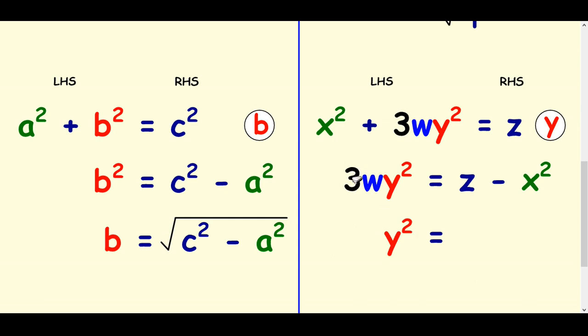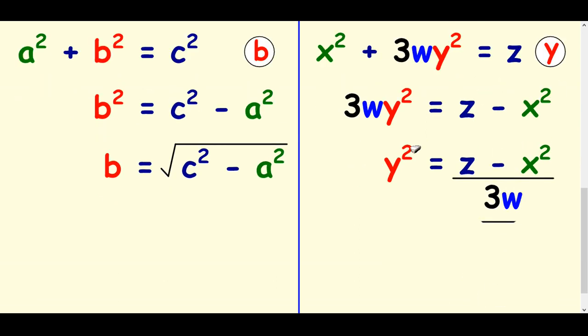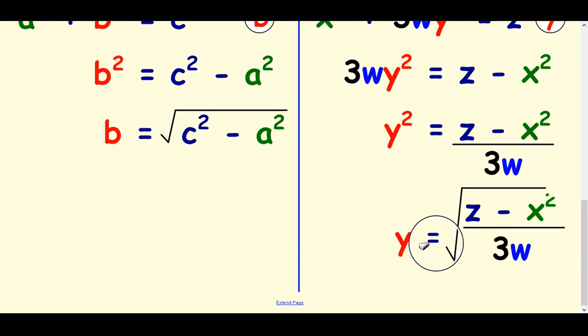So you don't want to multiply this by the 3w, so you want to do the opposite, which is divide by 3w. And then to finish off, we need to square root it all. So when you're square rooting it all, you'll notice here, I've put a big tick over the whole thing, right to the bottom, right to the top, and right across, the square root of all of it together.